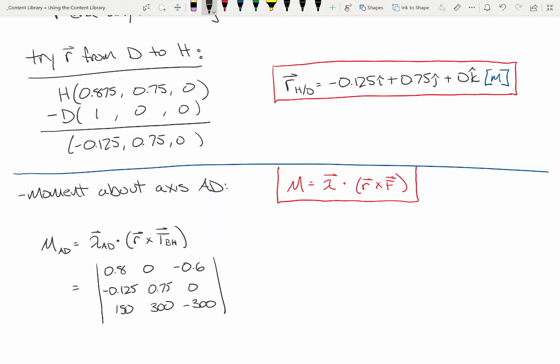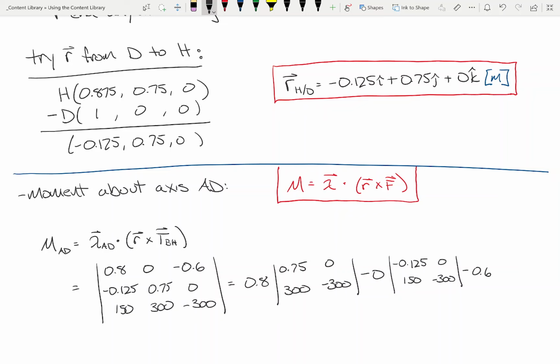Just instead of I, J, and K, just use 0.8, 0, and negative 0.6.